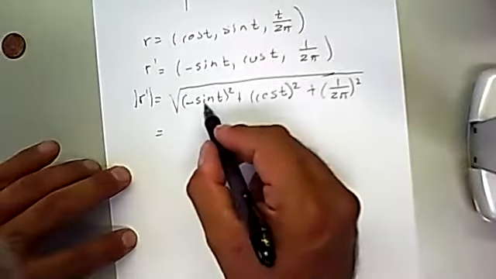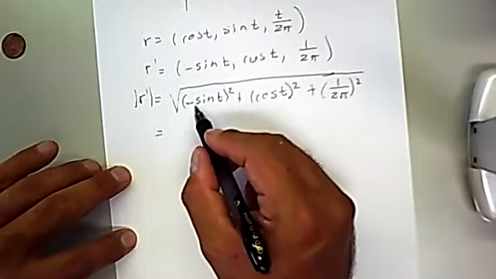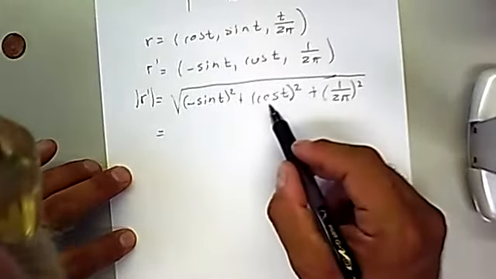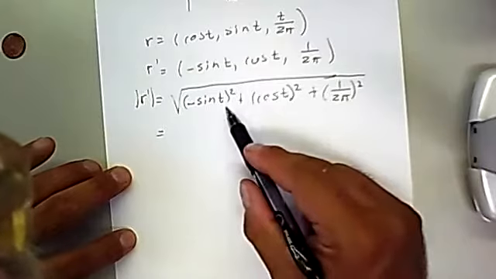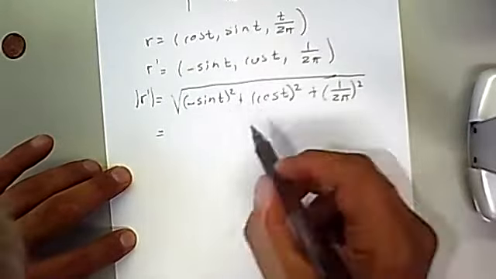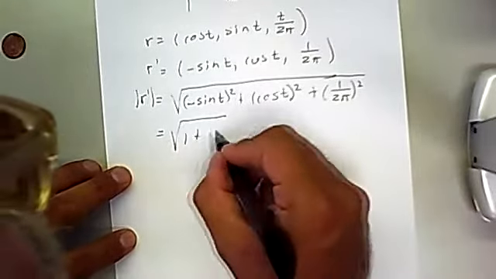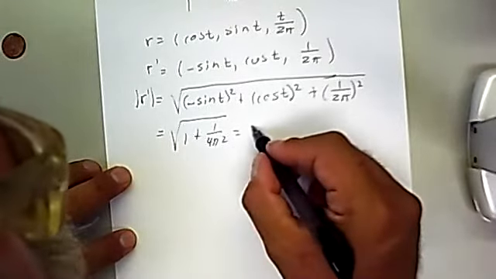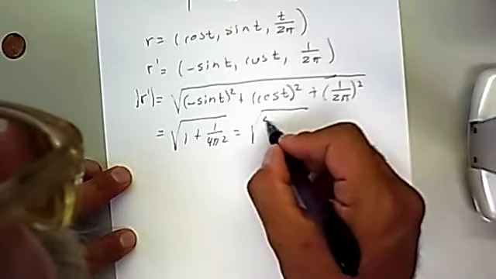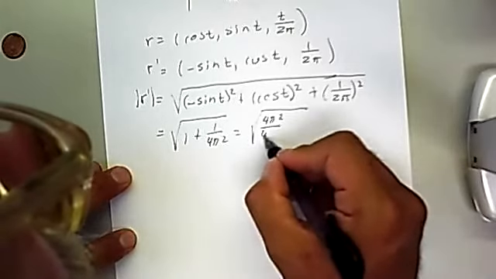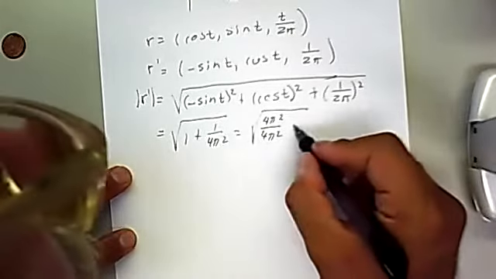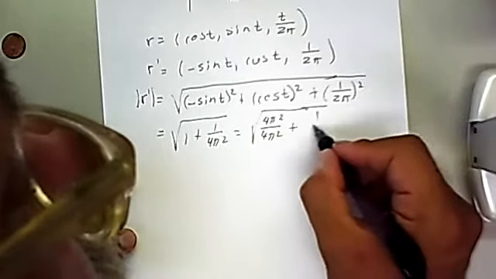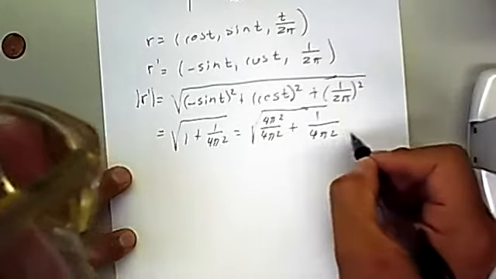And that's going to be sine squared, because the negative vanishes after we square. The cosine squared plus sine squared, everybody knows, is 1. So 1 plus 1 over 4 pi squared. We have done this kind of computation before: we can change the 1 into 4 pi squared over 4 pi squared, plus 1 over 4 pi squared.